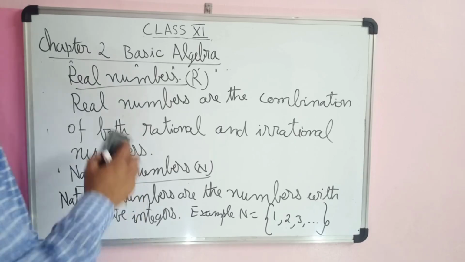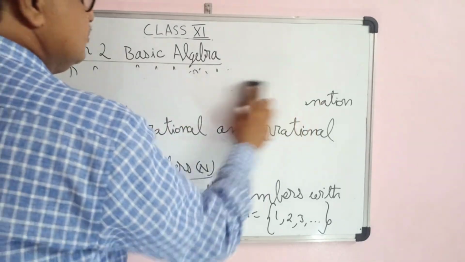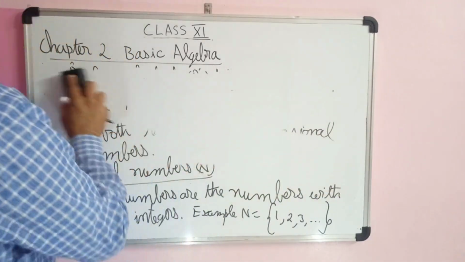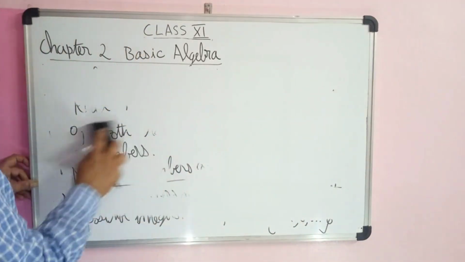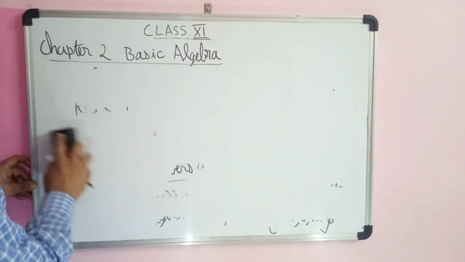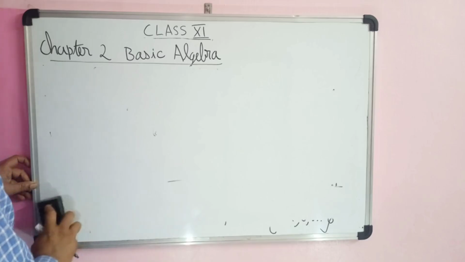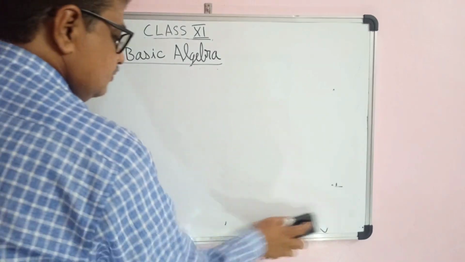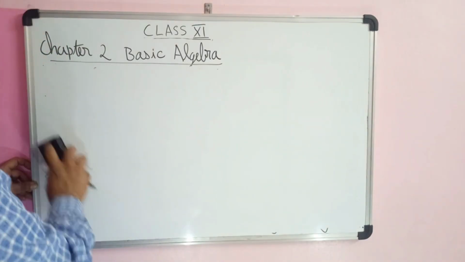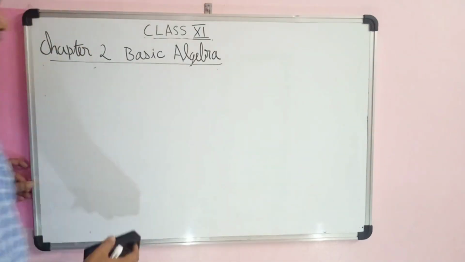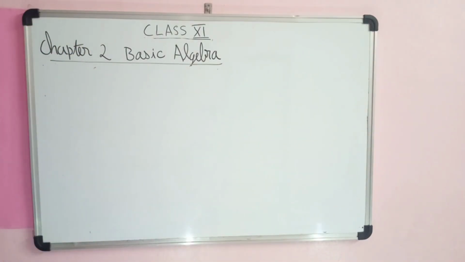Then whole numbers. Whole numbers are the numbers with positive integers and without fraction.